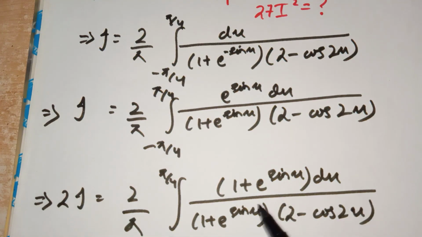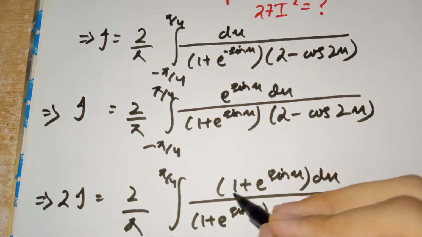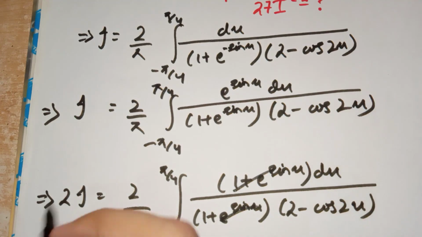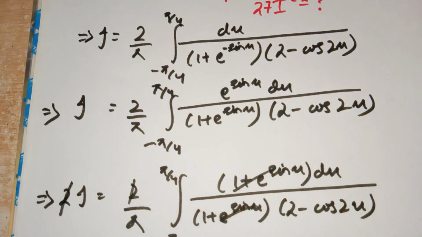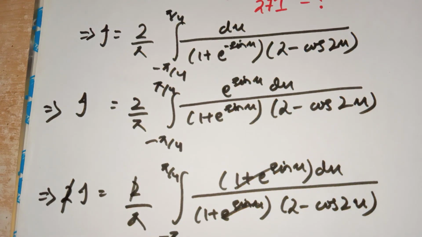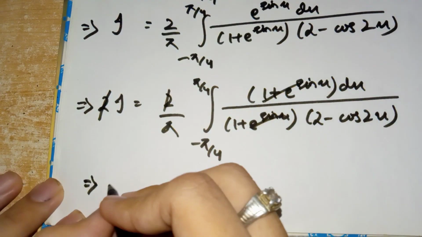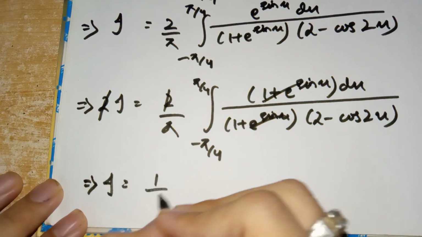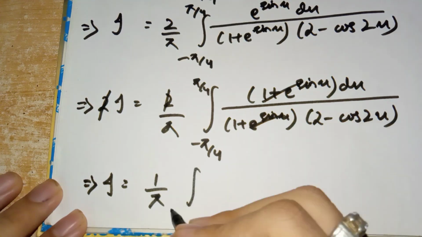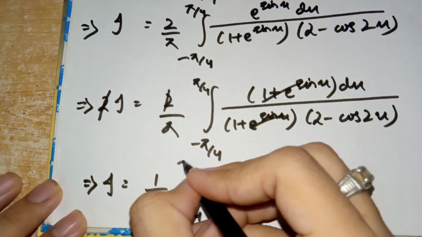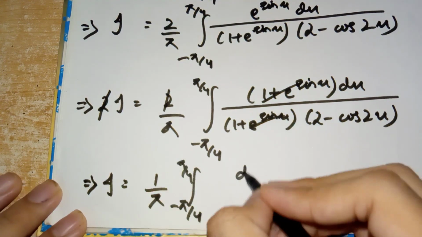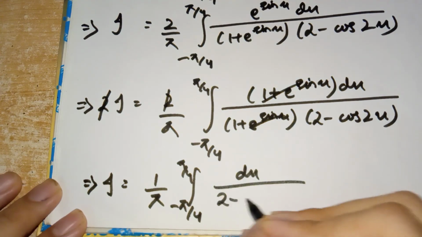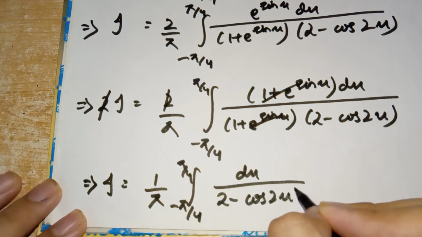Since both the terms are common in numerator and denominator, we cancel them. And here 2 cancels with 2. So finally we have I equal to 1 by pi, integral from minus pi by 4 to pi by 4, dx by 2 minus cos 2x.